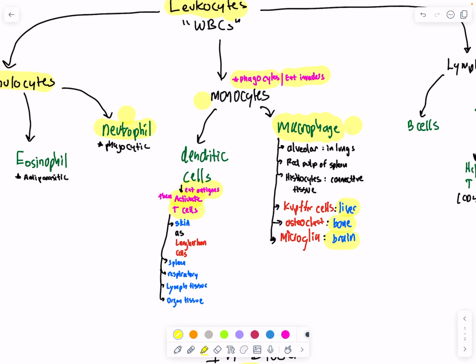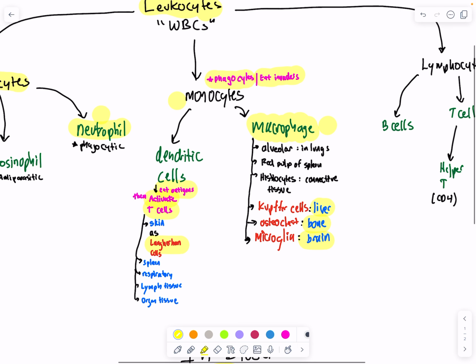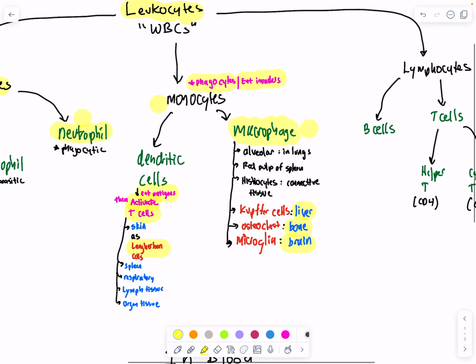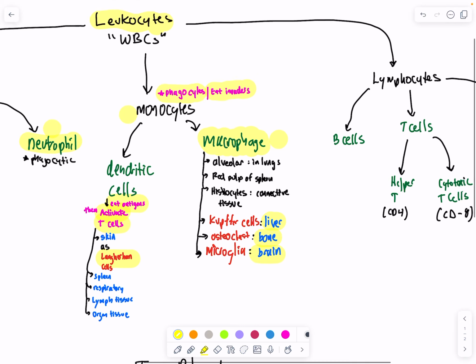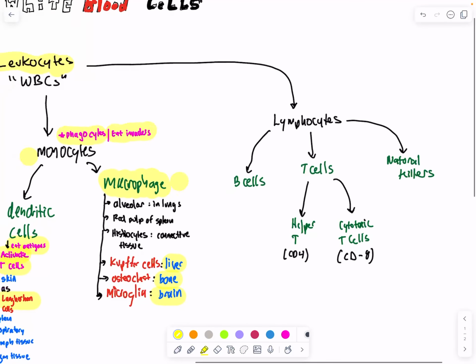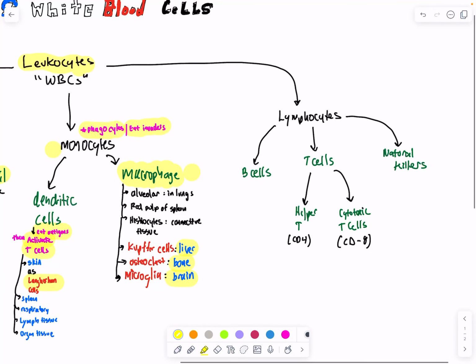And so dendritic cells in the skin are called Langerhans cells. Dendritic cells also exist in the spleen, respiratory, lymph and organ tissue. But our dendritic cells will do antigen presenting in addition to eating, and then macrophages just eat.